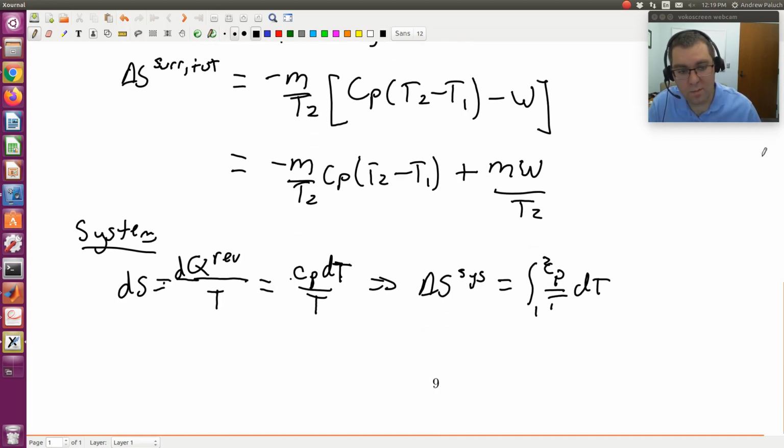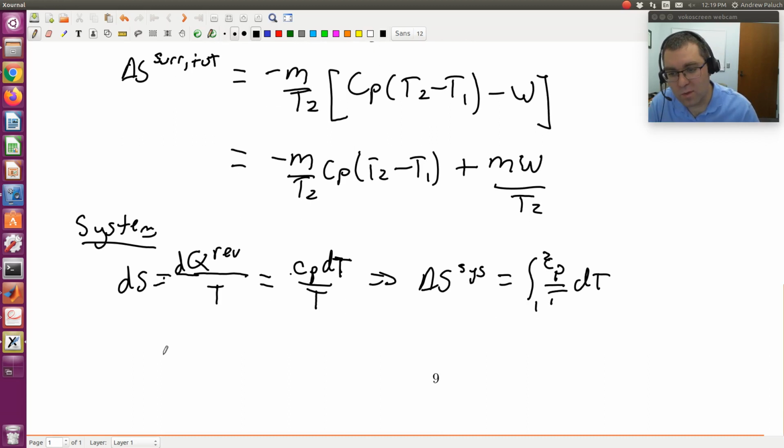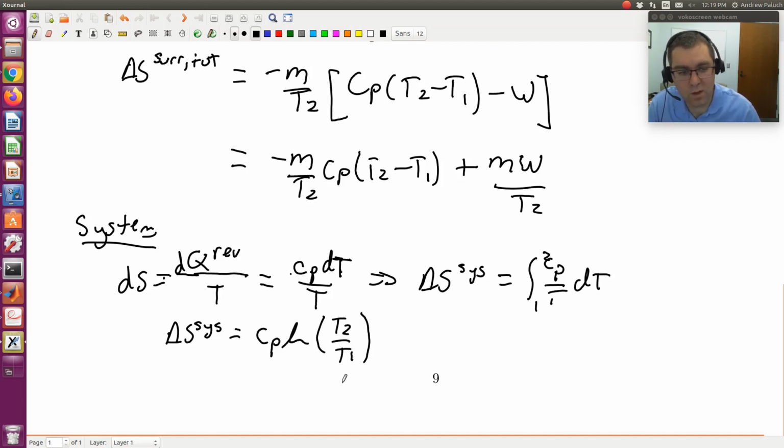Assuming Cp is constant, then delta S of my system is equal to Cp times log T2 over T1.